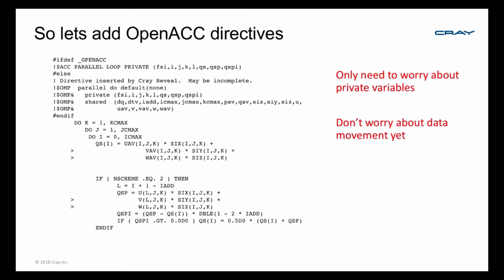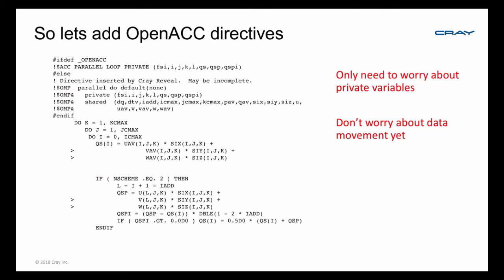All right, first we're going to go to OpenACC. Now, I must admit that not all the compilers are going to be able to do this. I'm using the Cray compiler, all right?